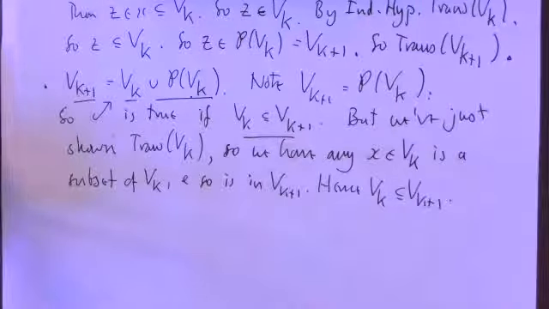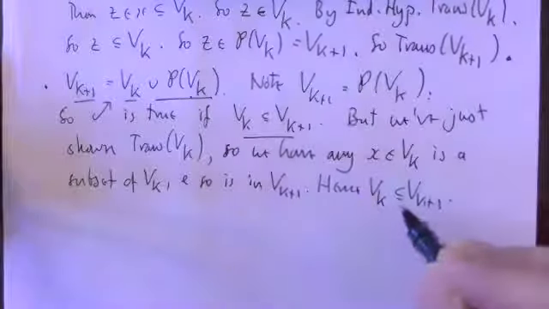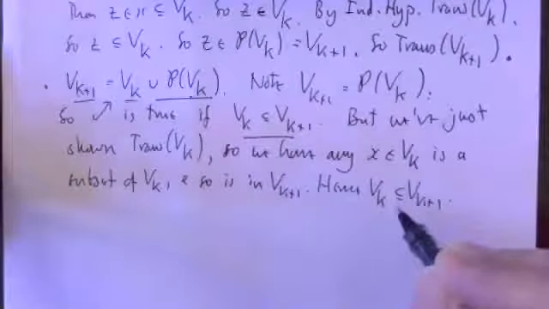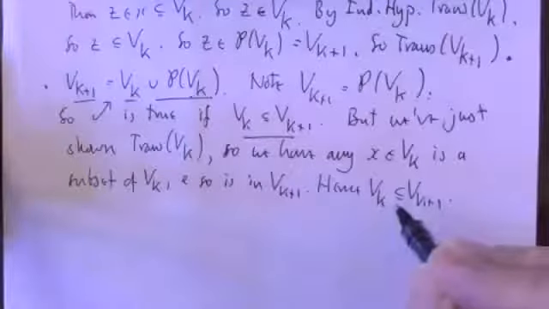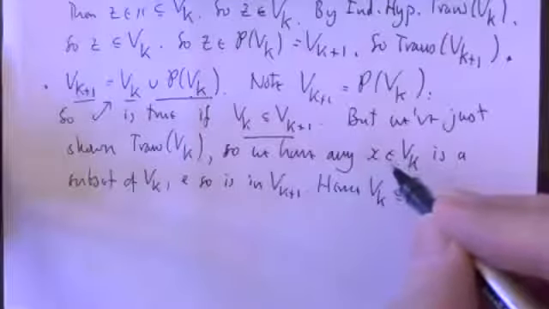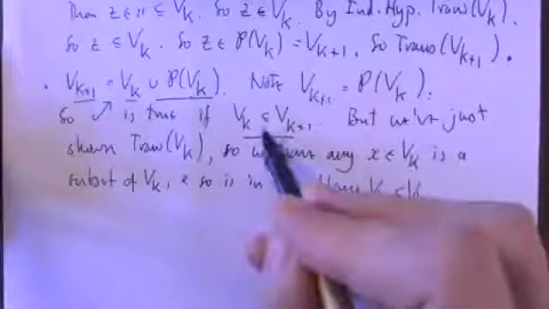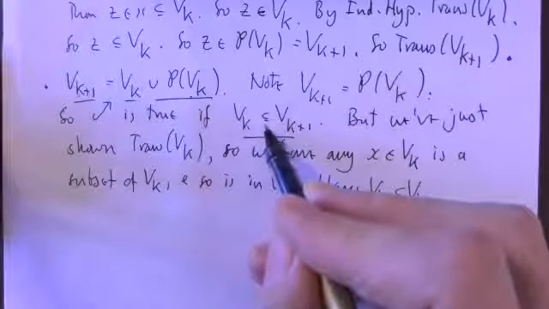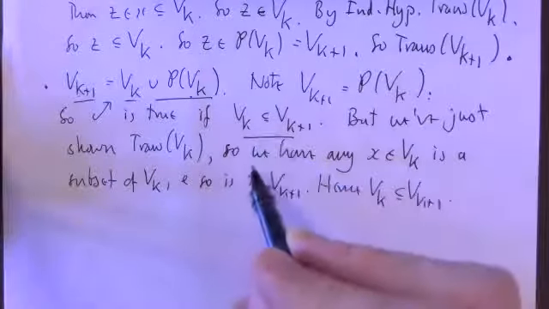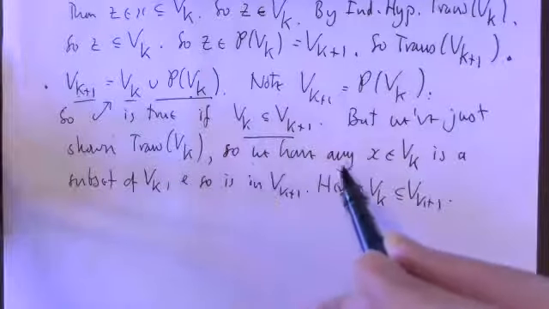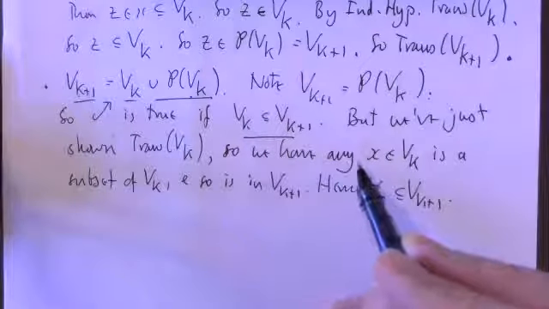Why, if it's a subset of Vk, is it also in V(k+1)? Sorry, which line, this one? The one just above that. What are you worried about?